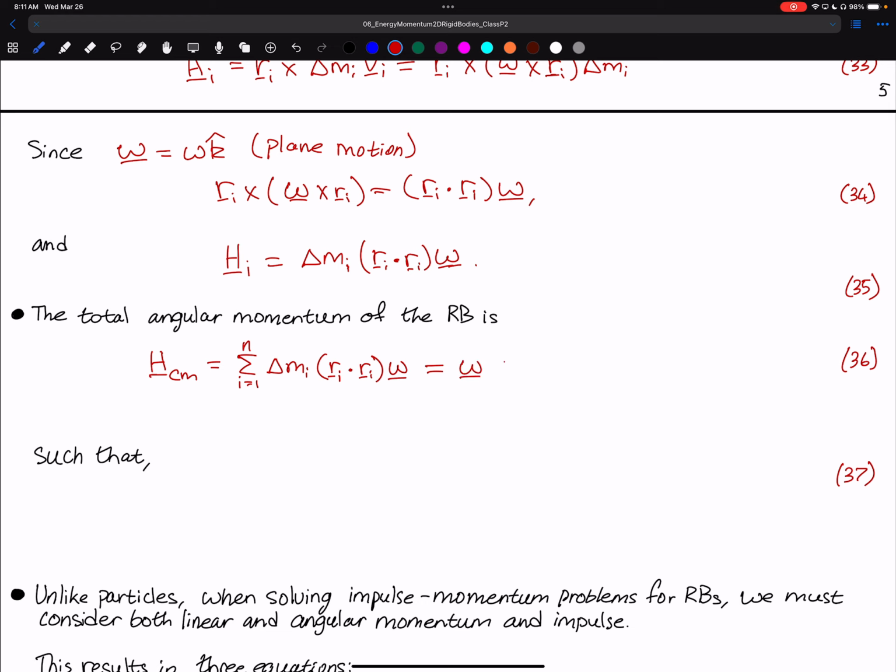omega times the summation i equals 1 to n of delta m_i r_i dotted with r_i. And this summation here ends up being the mass moment of inertia about the center of mass.